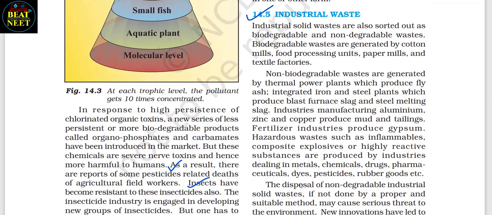14.5 Industrial waste. Industrial solid waste are also sorted out as biodegradable and non-biodegradable waste. Biodegradable waste are generated by cotton mills, food processing units, paper mills, and textile factories. Non-biodegradable waste are generated by thermal power plant, which produce fly ash, integrated iron and steel plants which produce blast furnace slag and steel melting slag.